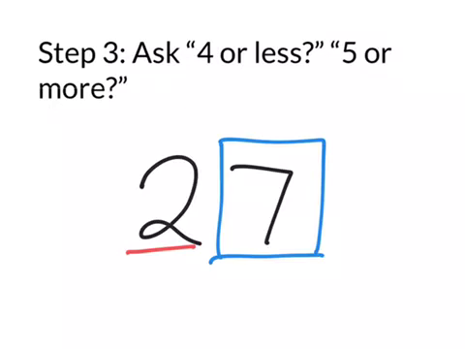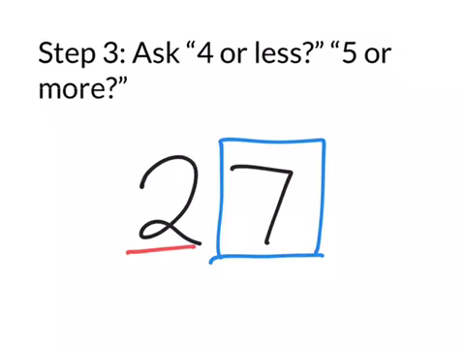A thermometer is that tool that we use to measure temperature. And if 27 was the number that it read, and we wanted you to tell us about what temperature this is, we would ask you to round to the nearest 10, and you would say that it is 30.